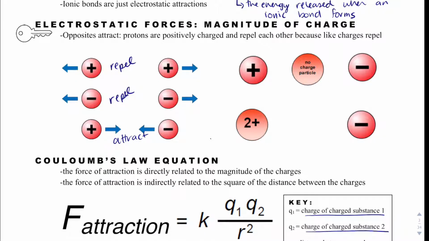And then if I have two positive and negative, this attracts more because this positive 2 has double the positive charge as just a positive 1. And then if we don't have a charged particle, then positive is not going to be attracted and negative is not going to be attracted. Okay, you have to have opposite charges for there to be attraction.